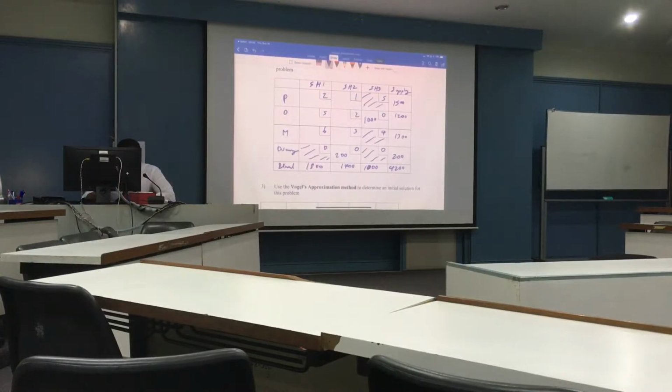The next one is that we need to select the cell that provides the lowest cost. That would be cell 1, 2. For cell 1, 2, we're comparing supply 1,500, demand 1,200.